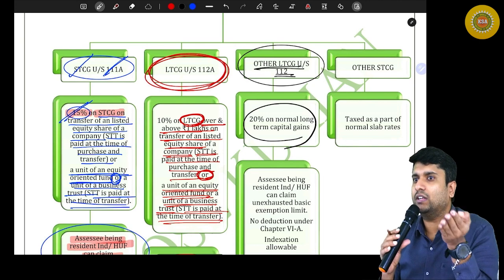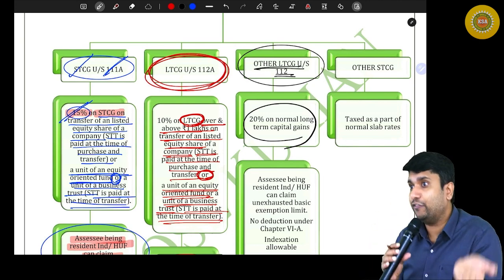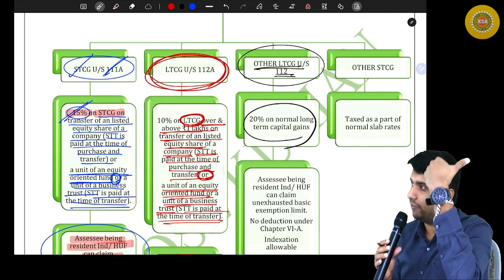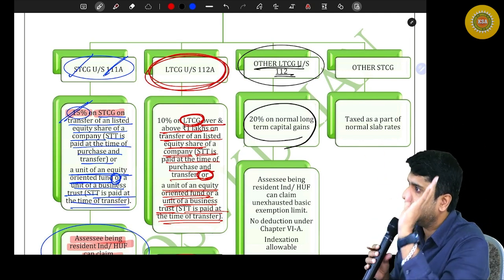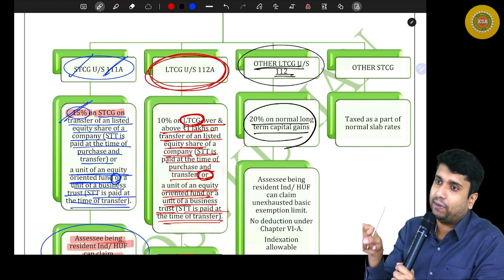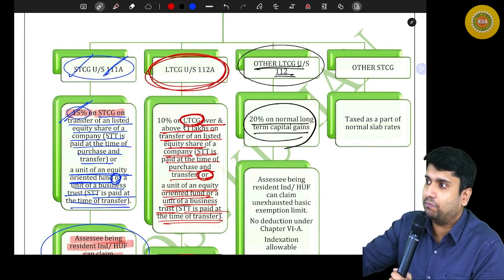All other long-term capital gains will be covered under 112. Transfer of unlisted share, debenture, bond, whatever, will come under 112. So, what is the rate of tax for that long-term capital gain? 20% on the normal long-term capital gain. There is no special exemption for that.